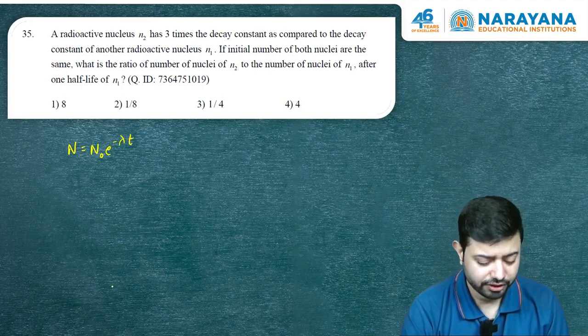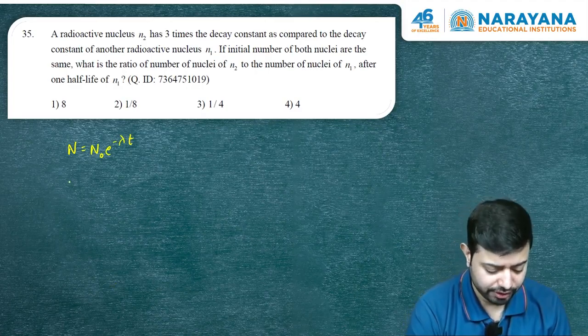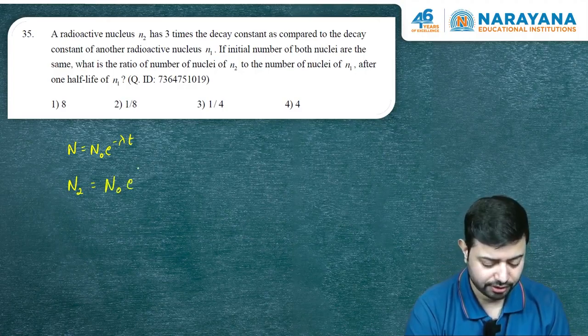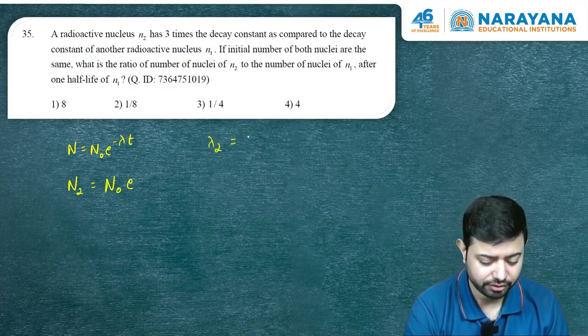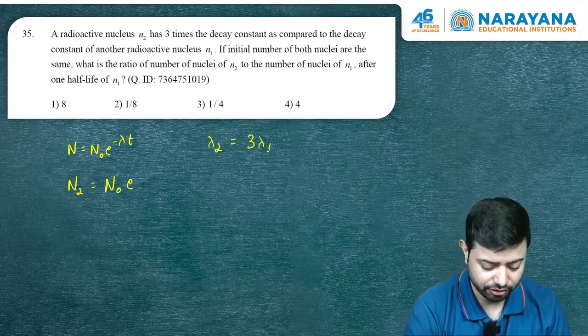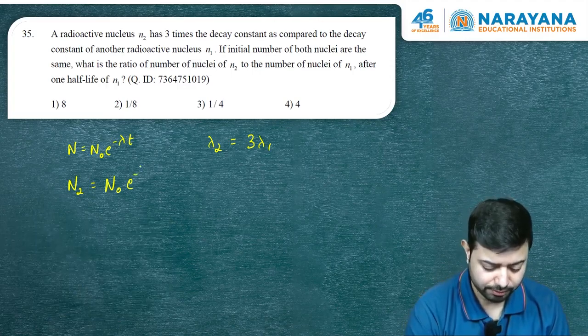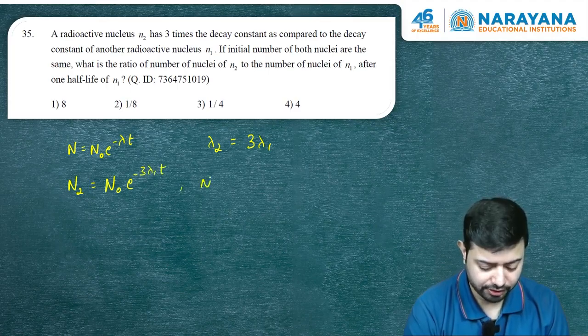For N2, the number of nuclei at any moment is N naught, initial, e to the power minus lambda 2 t, where lambda 2 is equal to 3 times lambda 1 as given in the question. So it is e to the power minus 3 lambda 1 into t, and for N1 it will be N naught e to the power minus lambda 1 into t.